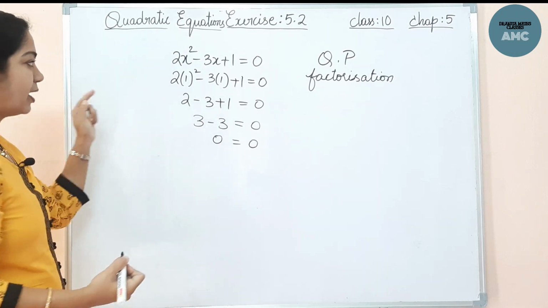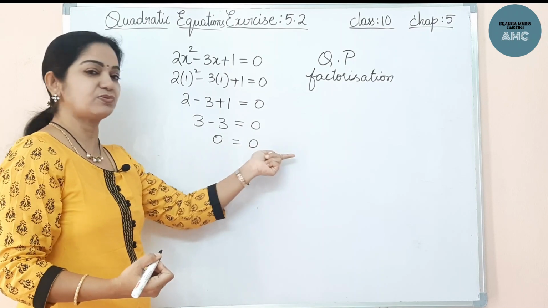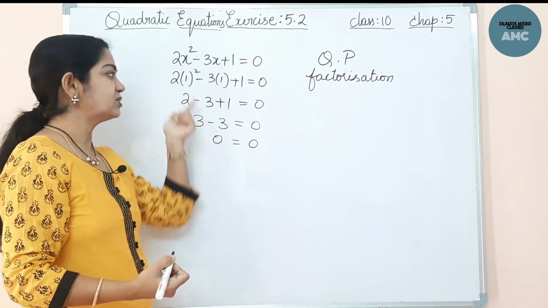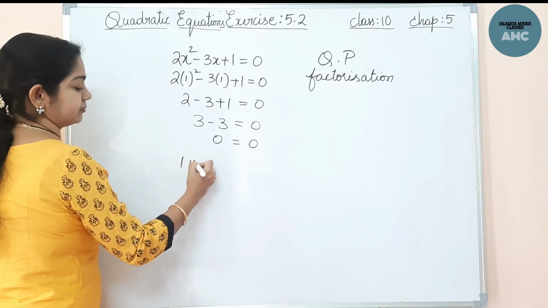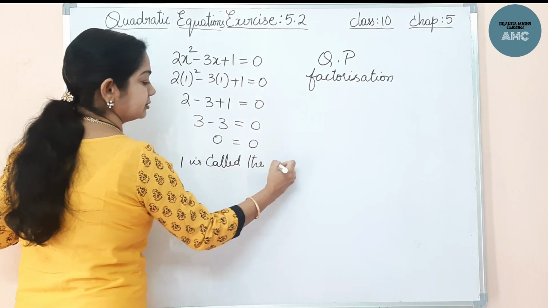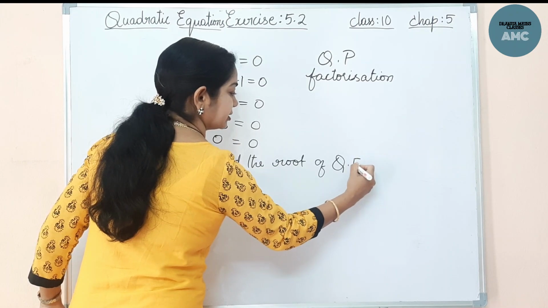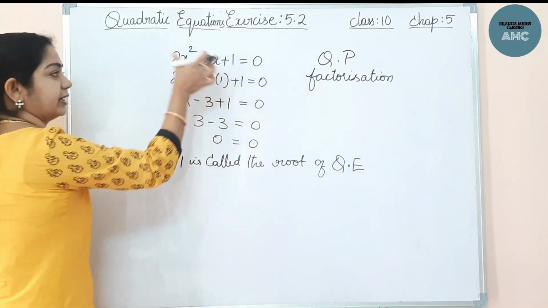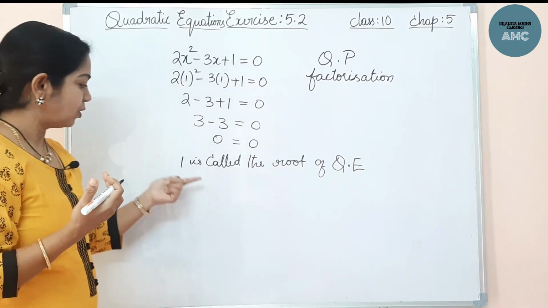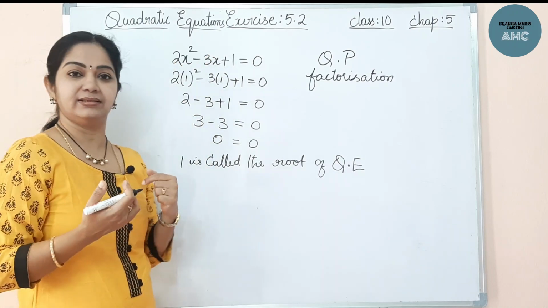That means 1, when I have substituted in the quadratic equation, is satisfying the equation. We got the same values, isn't it? So that means 1 is called the root of this quadratic equation. Now we knew in our previous class that 1 is called the zero of the polynomial, isn't it?